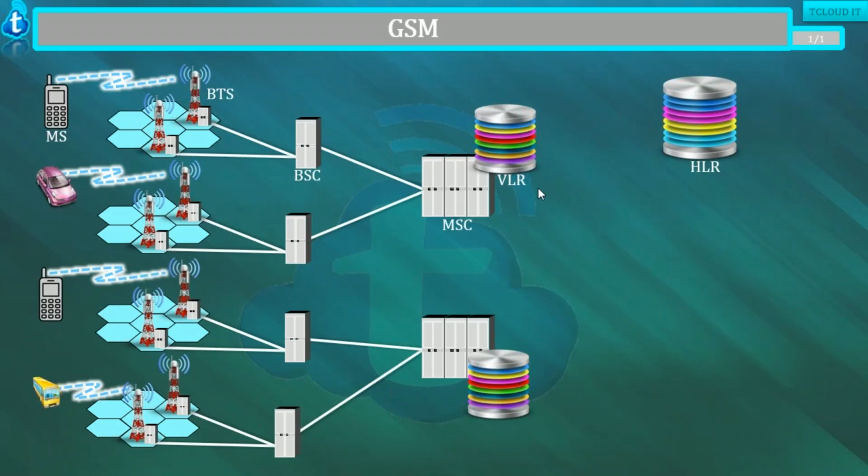So these are the major components that we see in GSM, but they ended up introducing some more components for serving some other requirements. For example, we have another database here called the authentication center, which performs some authentication-related special activities.